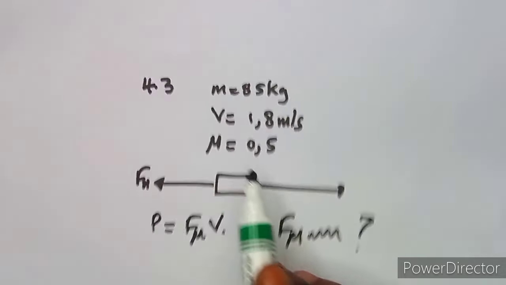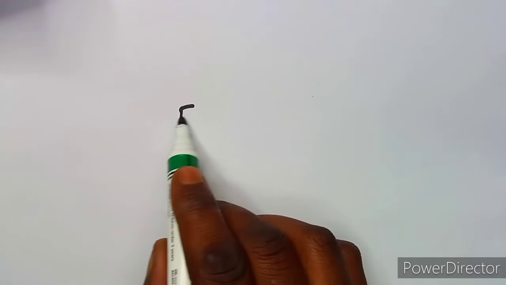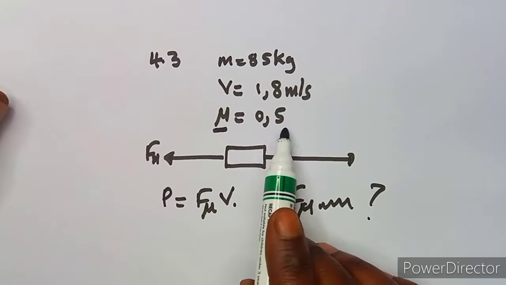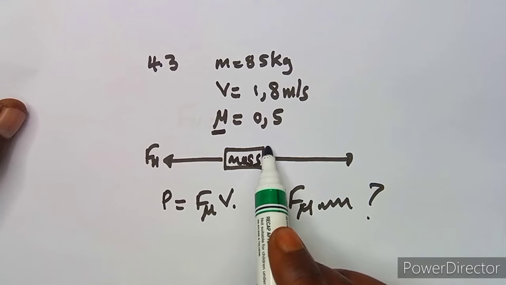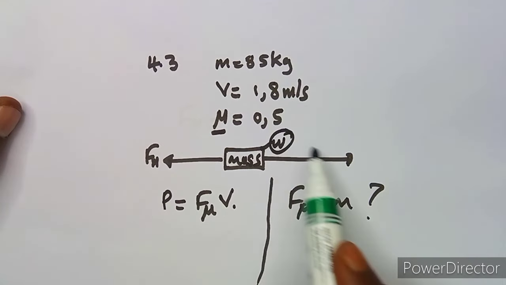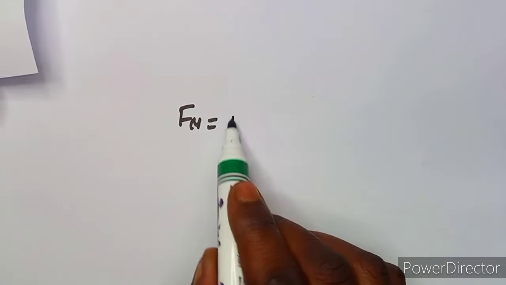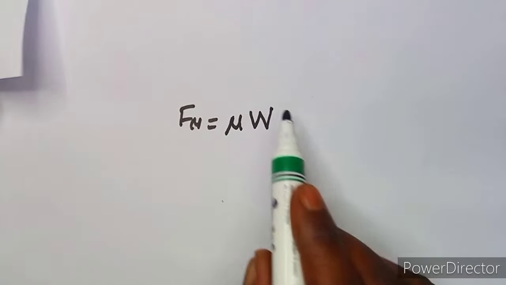We are given the coefficient of friction, and we can use this combined with the weight of the component, because here we are given a mass, so we are going to have the weight W. So the frictional force is the coefficient of friction multiplied by the weight.